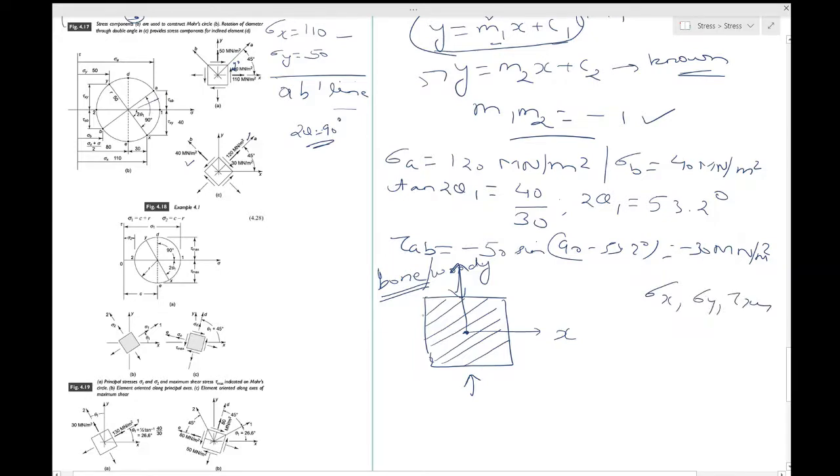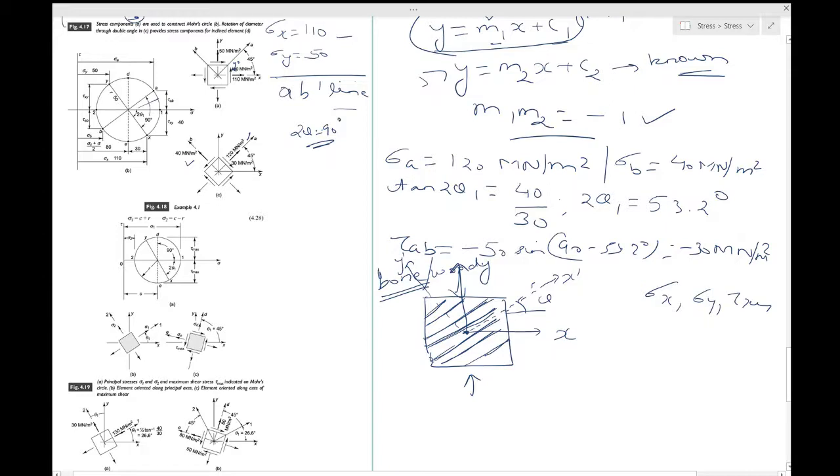But for materials of this nature, which have these orientations aligned at an angle theta, it so happens that they are very strong along these fibers, both in bone and wood. In that case it's good practice, and it makes the analysis easier, to convert this into an x dash y dash system so as to align the coordinates.